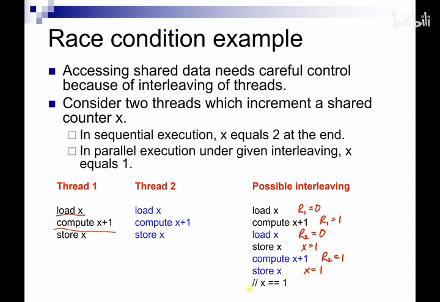So at the end of all this, the value of x is 1. But this is incorrect, because intuitively, since you have two threads doing two increments, we wanted the value of x to be equal to 2 at the end. This is an example of a race condition, where the program behaves incorrectly in certain interleavings.